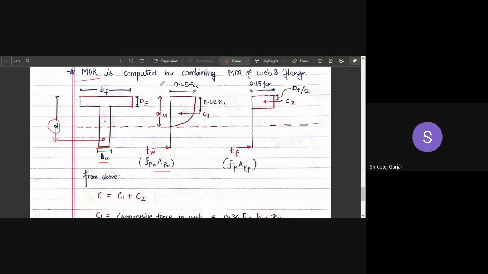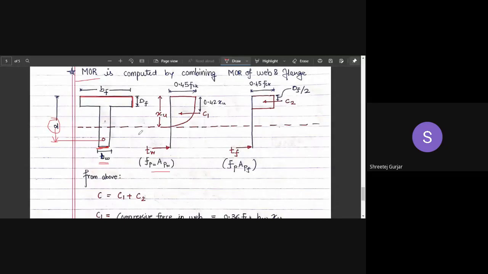This particular diagram is for web, and this particular stress block diagram is for flange. The resultant compressive force acting here is denoted as C1, and the resultant compressive force acting here is C2. The tensile force here is denoted by TW, and the tensile force here is denoted by TF.